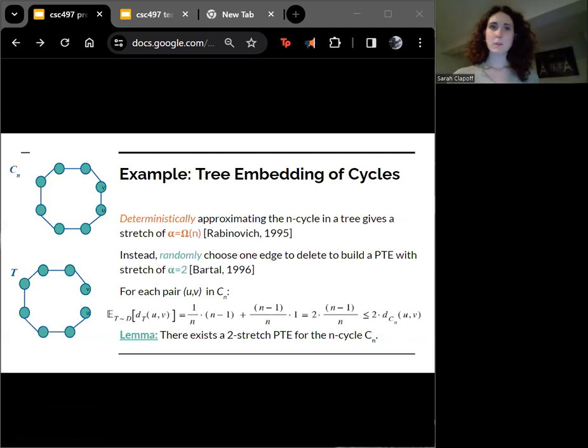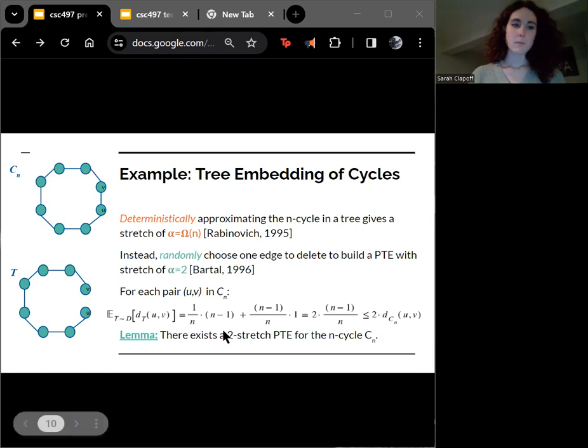Then we're going to take the distribution of all of these trees, and each tree has the same probability 1 over n. And then he says, in the event that an edge xy was chosen, the expected distance on T is this here, which I'll just explain really quick. 1 over n is the probability that that edge or that tree was chosen.